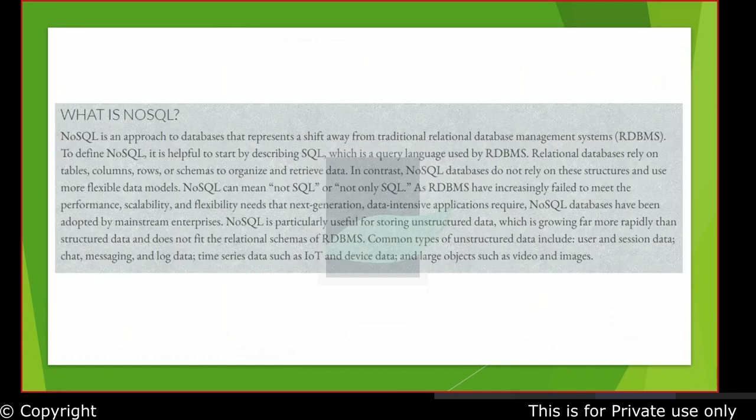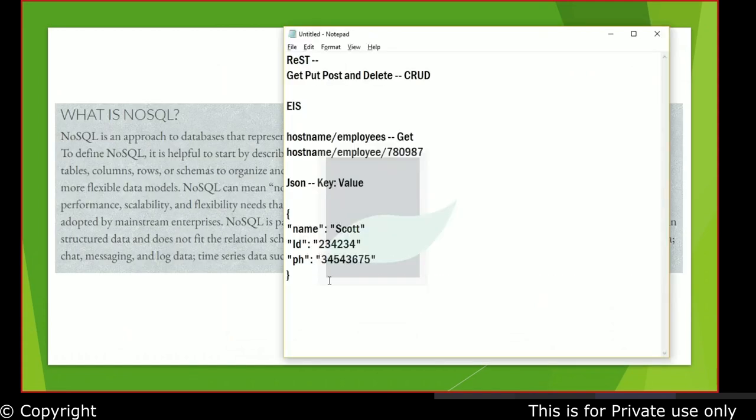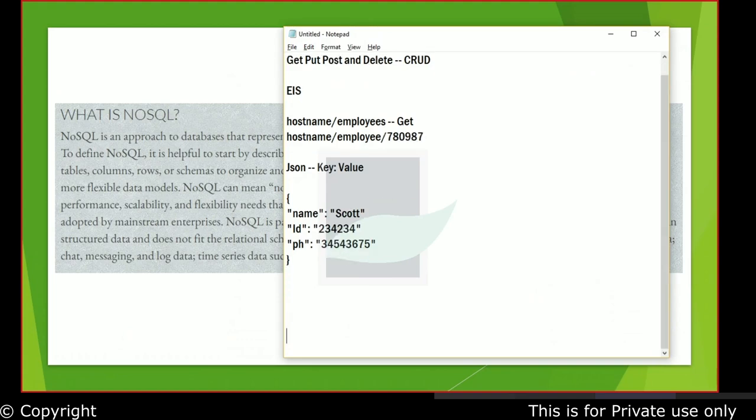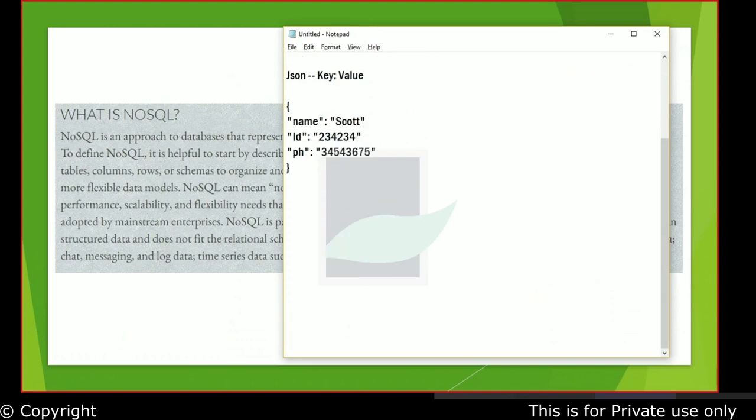And what is NoSQL? There are two ways of storing data in the database. One is the same example which we are seeing here. I want to store this data inside the database. So there is a SQL way, which is your RDBMS, your relational database. How will I store it? I would have a schema for it. What is a schema?